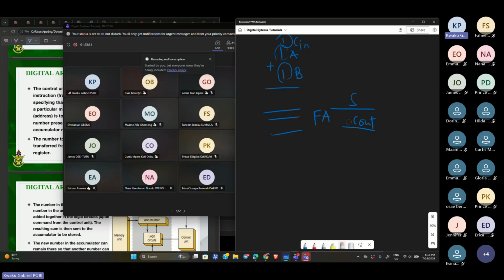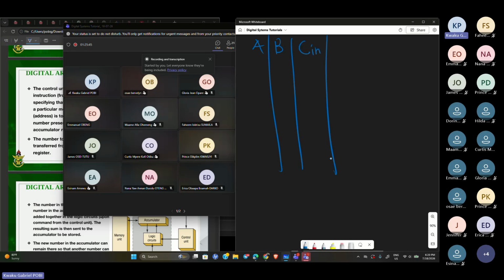Now, to do this, since we have 3 inputs, it means we are going to get 2 to the power 3 possibilities, which is 8. So we have A, B, C in, as the inputs, and then we have the sum and then the carry out like this. So you have 0, 1, 0, 1, 0, 1, 0, 1 like this.